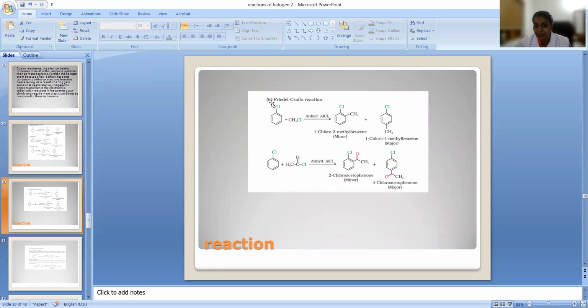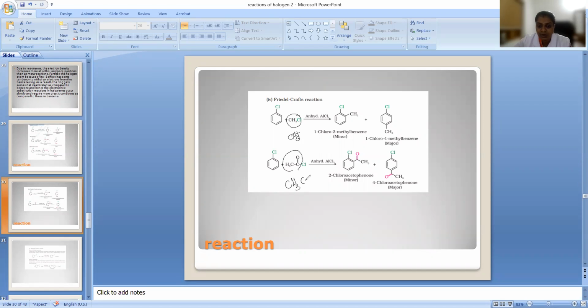The next reaction is very important because it is a named reaction. Friedel-Crafts reaction. Friedel-Crafts acylation and alkylation are there. The first one is Friedel-Crafts alkylation. Alkylation means an alkyl group will be attaching, here CH3 plus is attaching. And here an acyl group will be attaching.